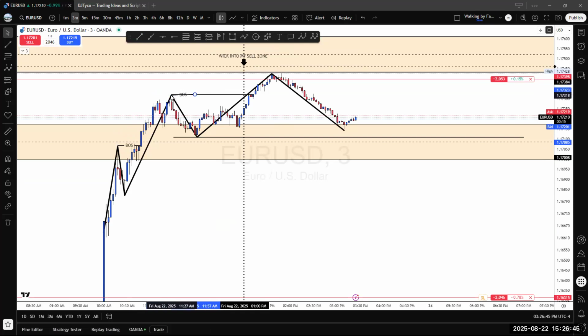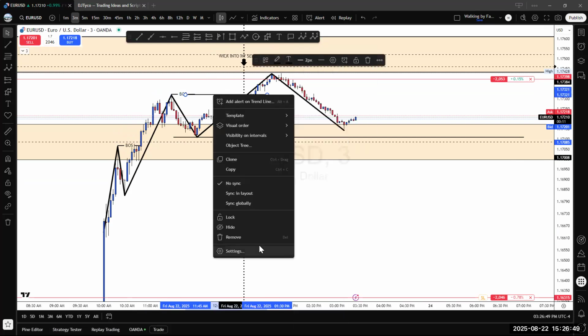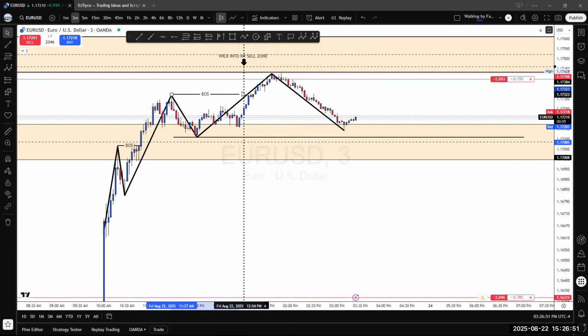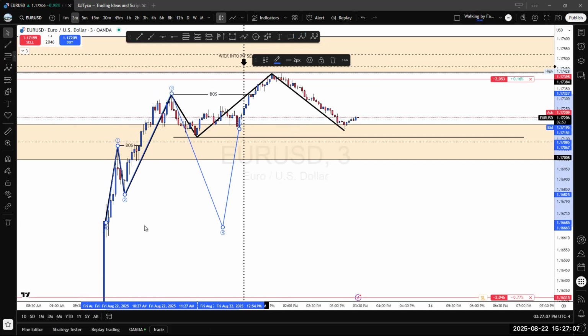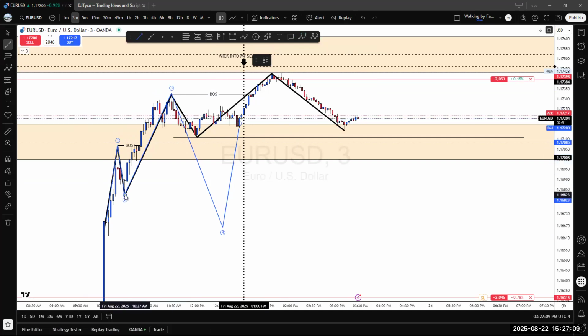If it's an uptrend, every time you break structure, you're forming left shoulders. Because at the end of the day, you don't know if price is going to go up, make a high, make a low, make a higher high, and then break. Boom.